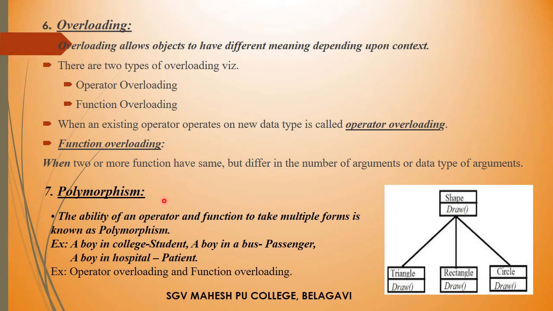The next concept of OOPS would be polymorphism. Polymorphism is the ability of an operator and function to take multiple forms. Here poly means many and morphism means form.